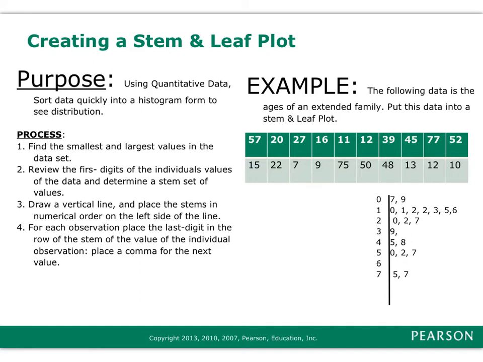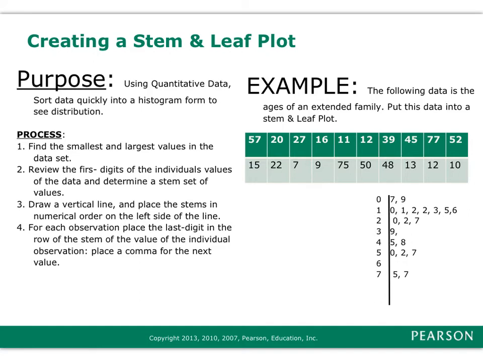So for our example, the following data of ages of an extended family, put the data into a stem and leaf plot. The ages, as you can see, go from 7 until 77. In the example, you will see that for the first digit we put 0 to 7. That relates to the 0 position of the digit for 7 and 9, and then the 10s, 20s, 30s, 40s, 50s, 60s, and 70s.